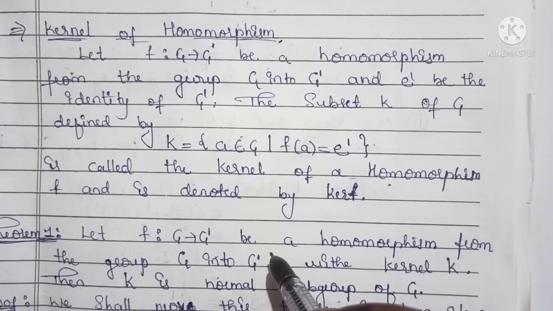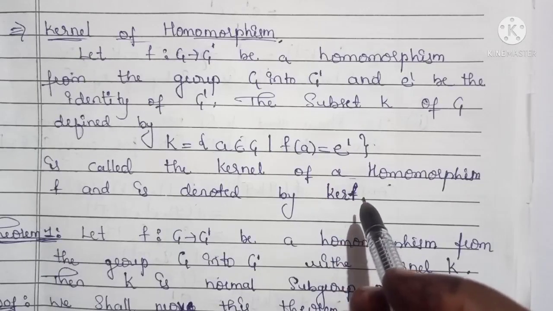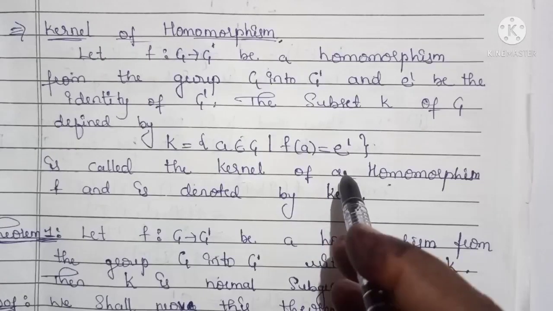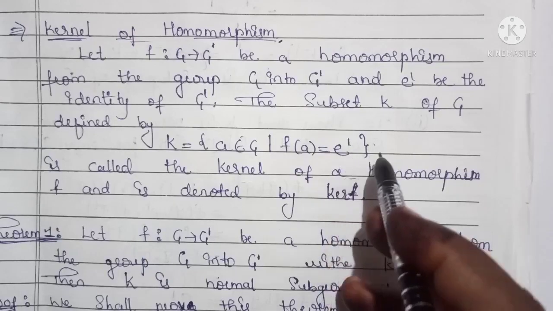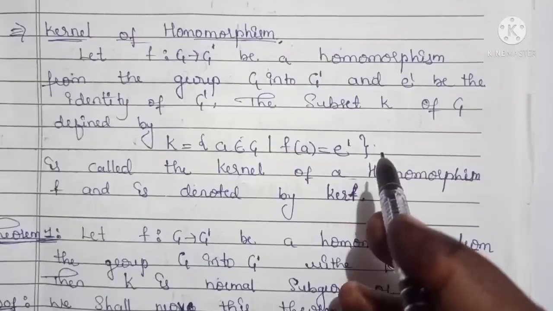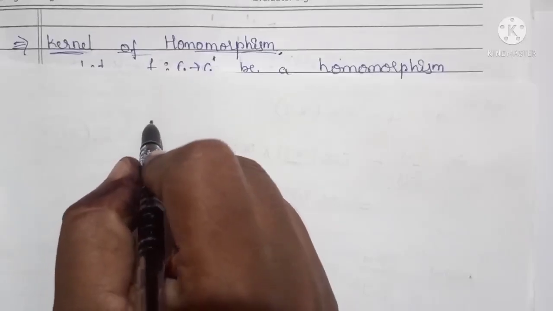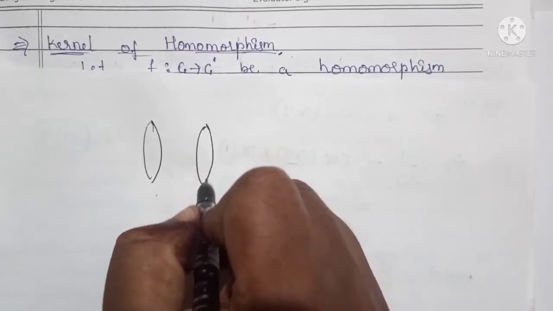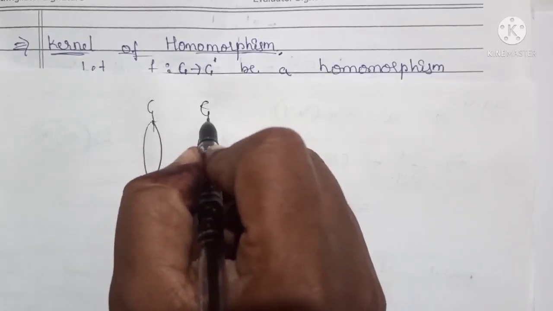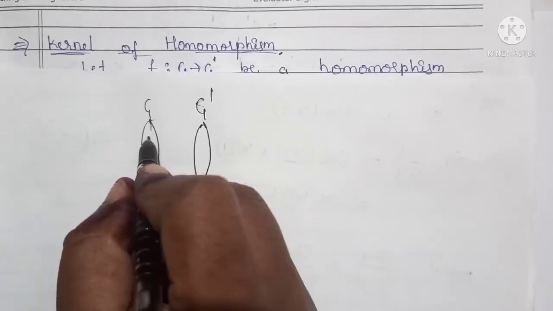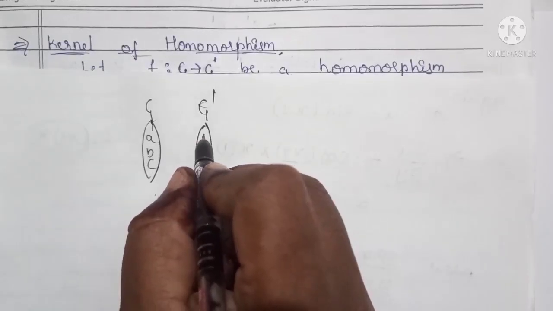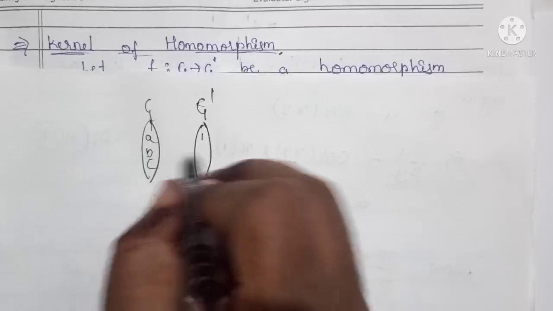So kernel K is the collection of all those elements whose image is e dash, that is the identity of G dash. That is, if we have a homomorphism from G to G dash, for example we have a, b, c as three elements and here we have 1, 2, 3 and so on.